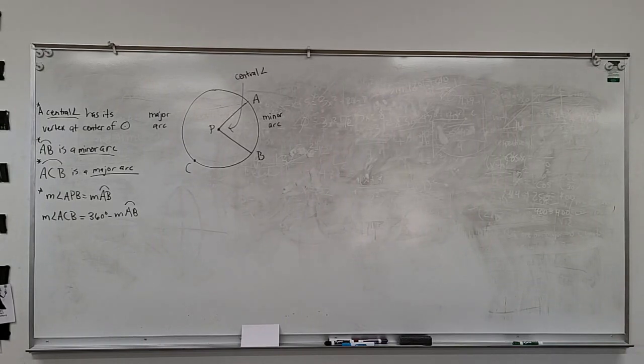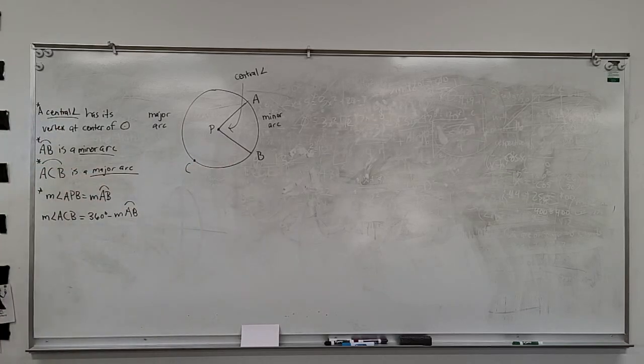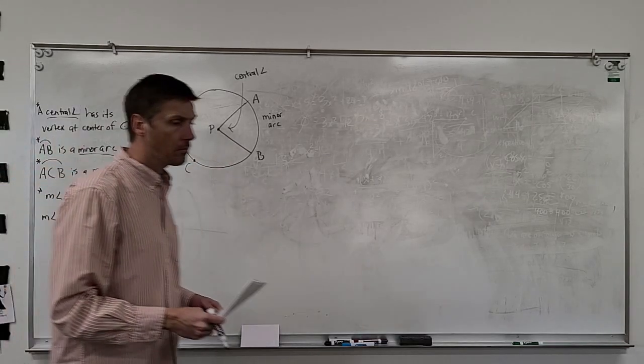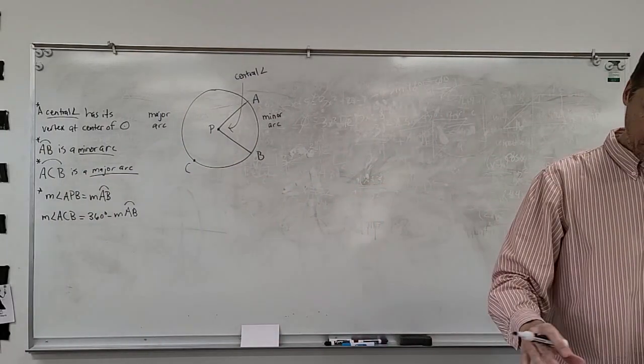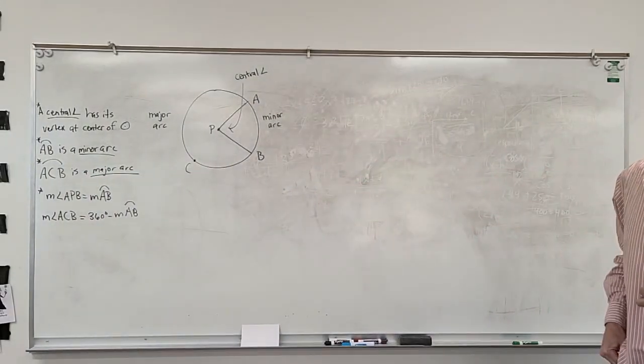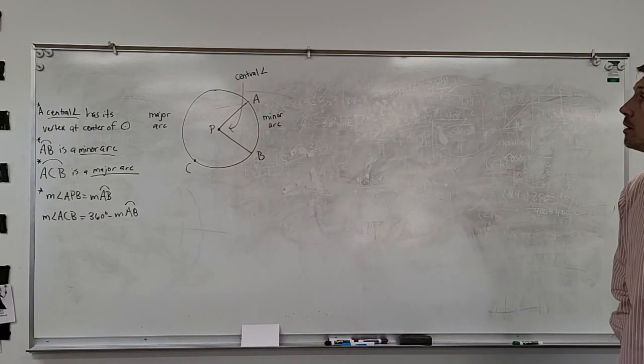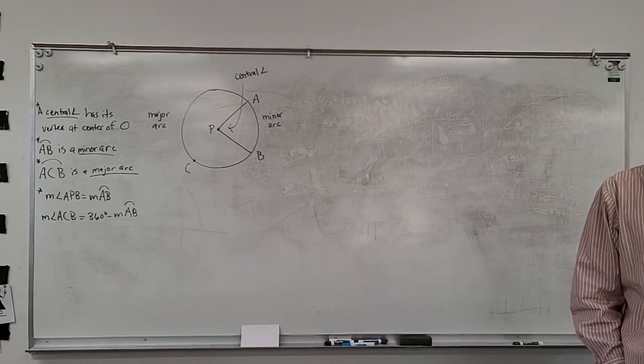The circle as a whole is 360 degrees, and whatever the measure of AB is subtracted from 360 is what the measure of arc ACB has to be. Any questions about those definitions?